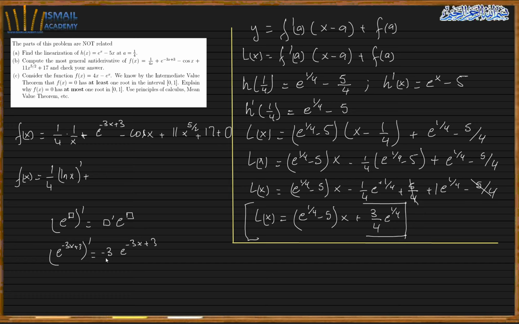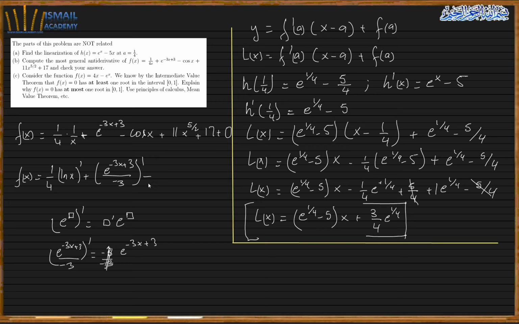But here I don't have minus 3, so what I do, I divide by minus 3 on both sides, and I put it inside because this is just a constant, it's not going to affect anything. Which means that e to the minus 3x plus 3, in fact, is the derivative of e to the minus 3x plus 3 over minus 3. So this and this are the same.